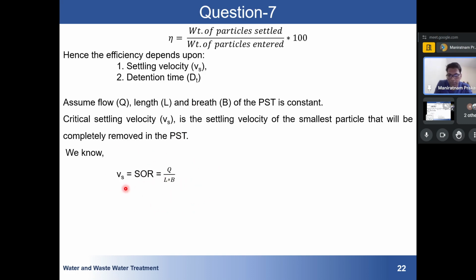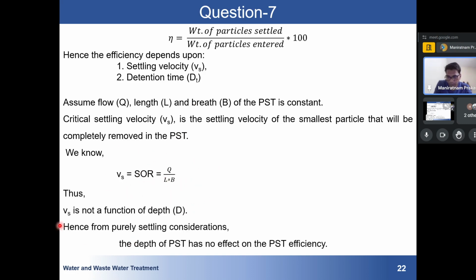So from this equation you can say that Vs is not a function of depth, and we know that Vs is used for calculating the length and width. But Vs is not a function of depth.